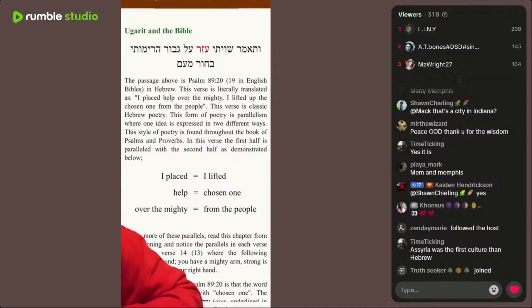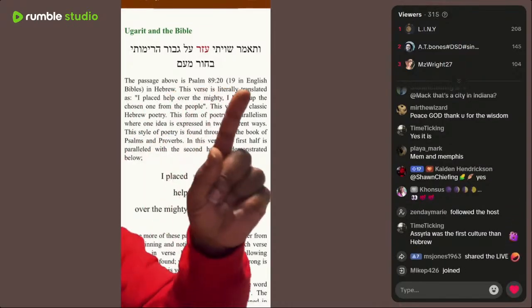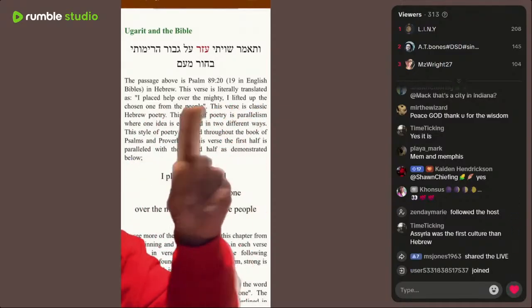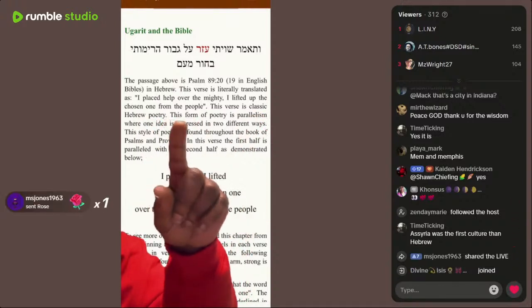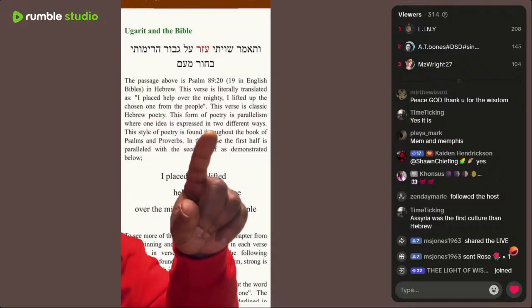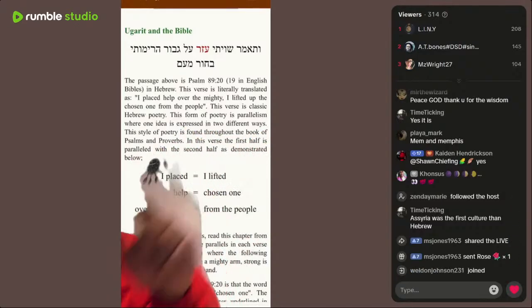Now, this Psalm 89:20 in Hebrew, right? The verse is literally translated to, I place help over the mighty. I lifted up the chosen one from the people. This verse is classic Hebrew poetry. This form of poetry, where one idea is expressed in two different ways, is found throughout the book of Psalms and Proverbs.